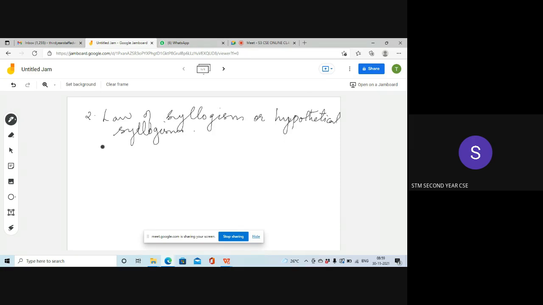In logical implication form, we can express this rule as P implies Q and Q implies R. The whole thing implies P implies R. This is in logical implication form. This is the law of syllogism. Just like if A greater than B and B greater than C, then A greater than C. It is of this form.